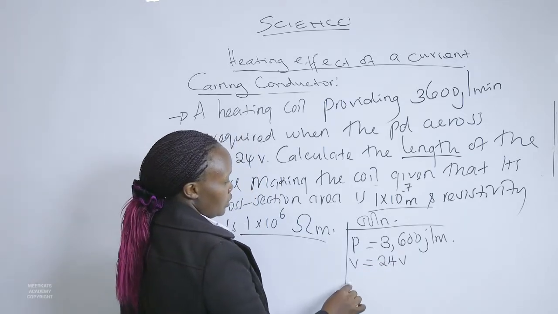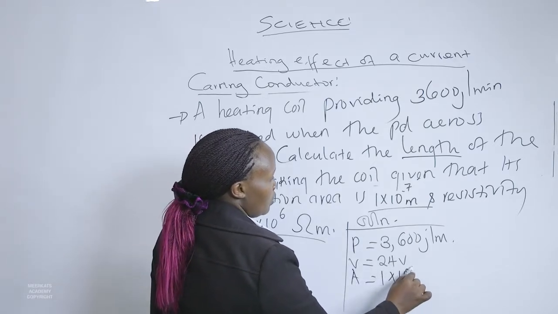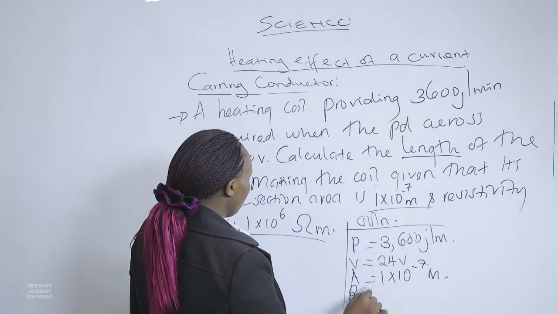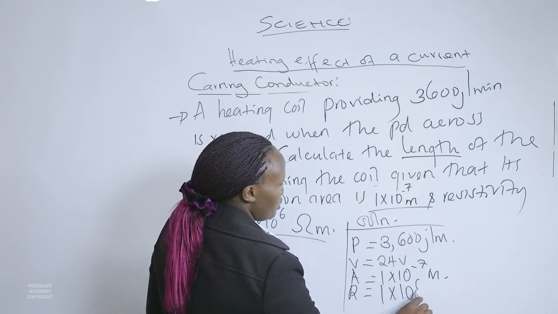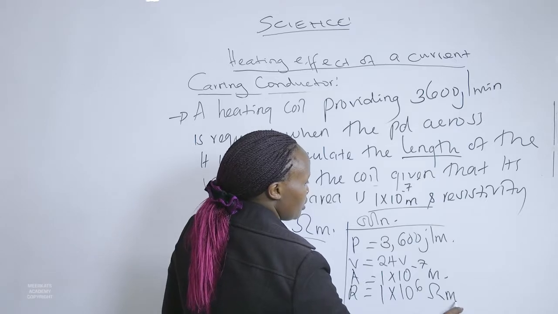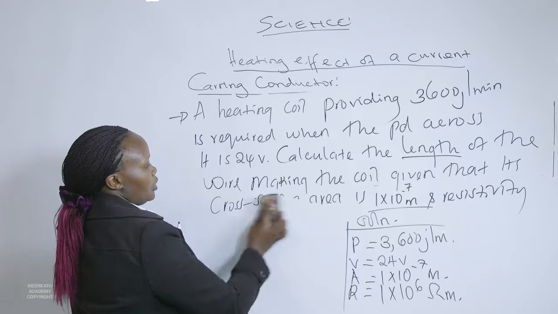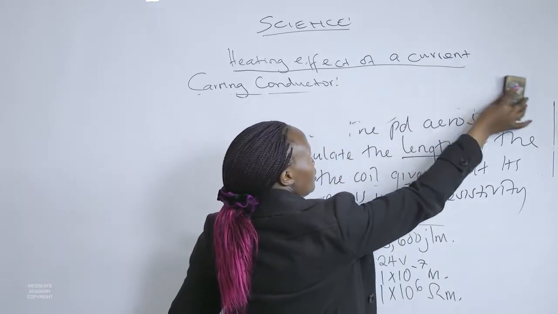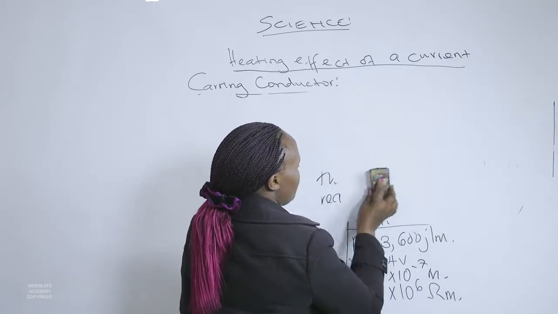We have cross-section area, and we have resistivity as 1 times 10 to the power 6 ohm meters. Now, let us use the information to work out the length of our wire.